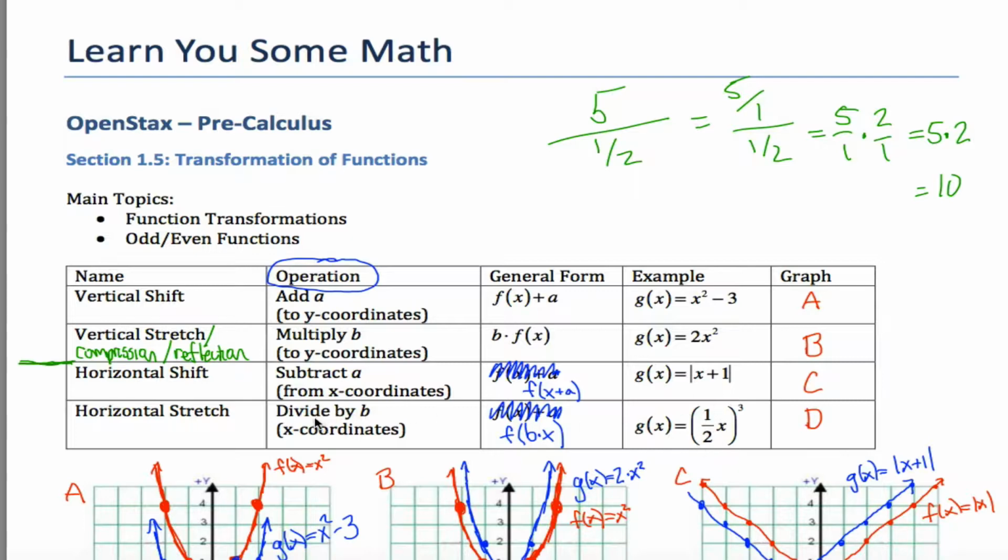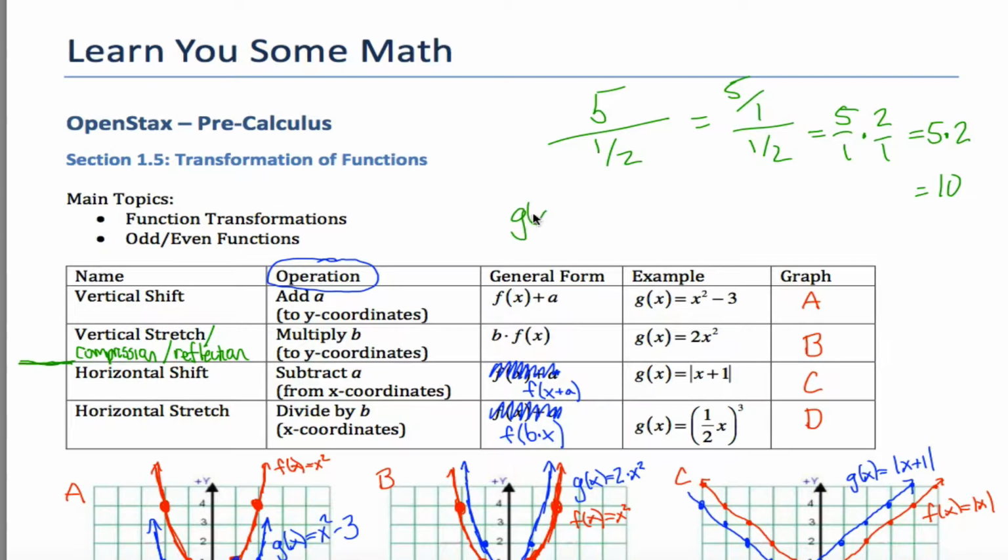But rather than get confused on the operation, wait, am I multiplying this time or am I dividing this time? I think it's a lot easier to remember that you always divide here. It's just sometimes you'll be dividing by fractions. Spend some time, invest some time, and learn how to divide by fractions if you don't already. And then you don't have to keep straight which operation you're using, multiplication or division. Anytime you're down here in this horizontal stretch case, you're always dividing. Just dividing by whatever this number is.